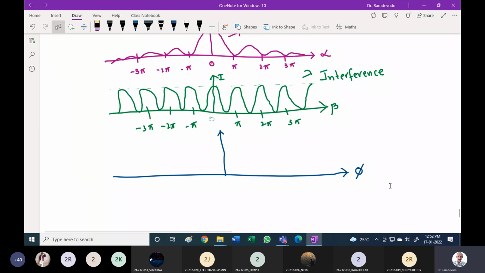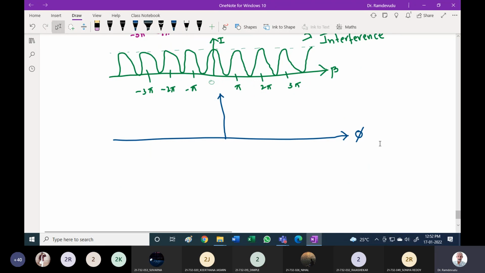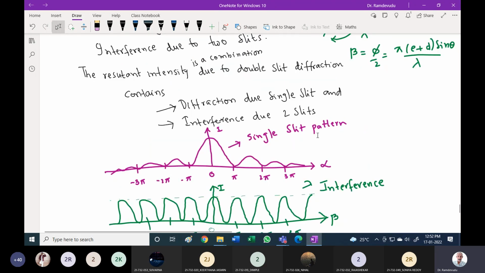The resultant intensity I will be 4 A m square sine alpha by alpha square.